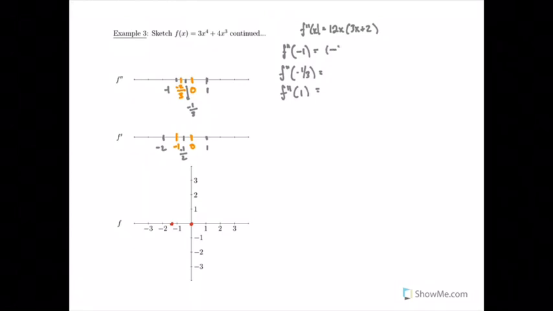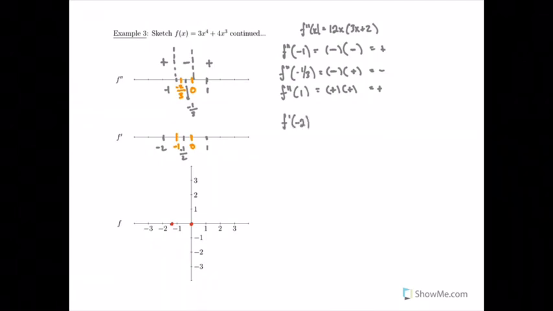This is going to give us a negative number times a negative number. For the -1/3, this is going to give us a negative number times a positive number. And here a positive number times a positive number. It's going to give us positive, negative, positive. And those are our three regions for the second derivative.